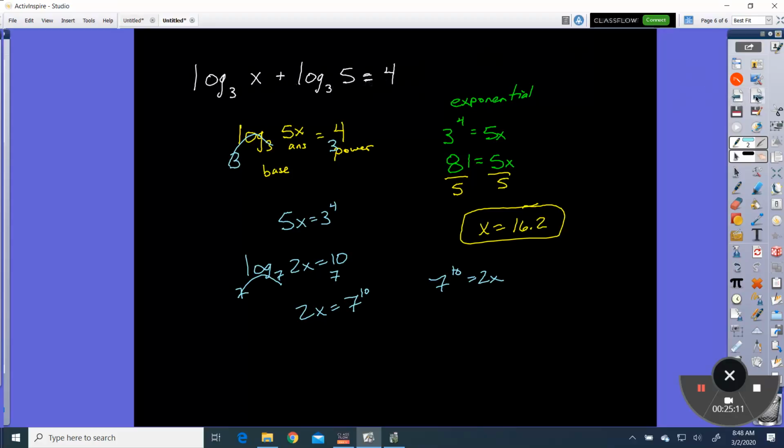What if it starts as an exponent? Let's say it starts as 5 to the 3x equals 524. 5 times itself, how many times is 524? I don't know. It doesn't work out very nice. So here's what we do. We rewrite it as a logarithm. So log base, what's the base?